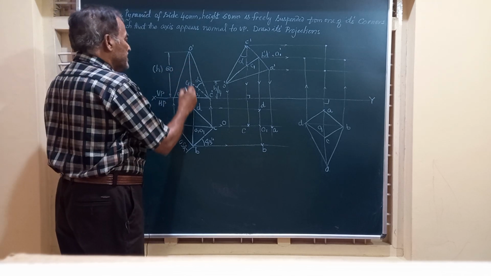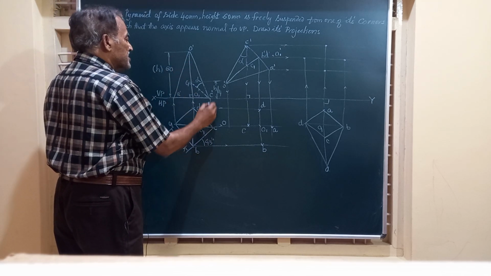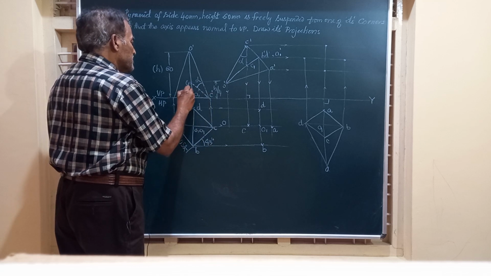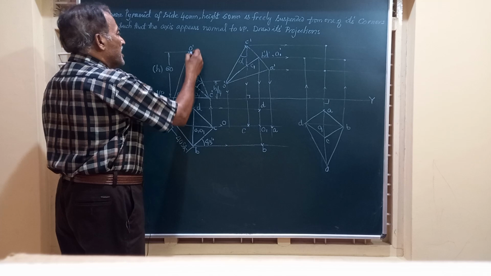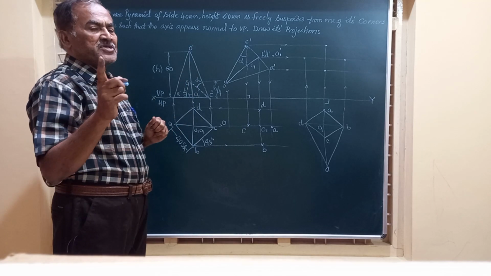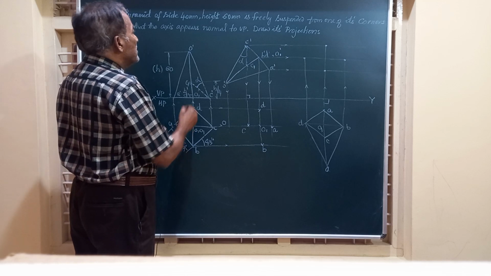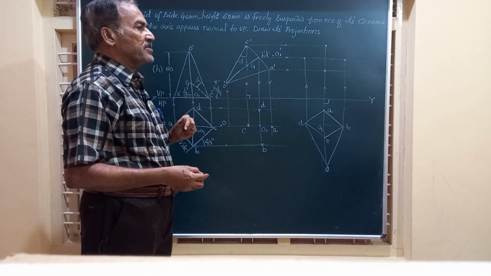For the given height, I have projected all these points upwards and marked them as A dash, C dash, this is B dash, D dash, and this is O dash. O dash is the front view of the vertex.